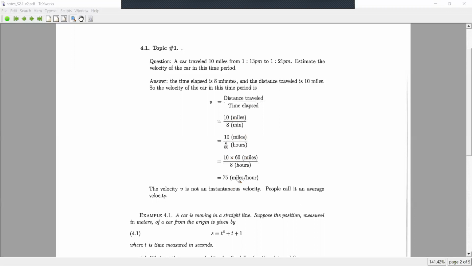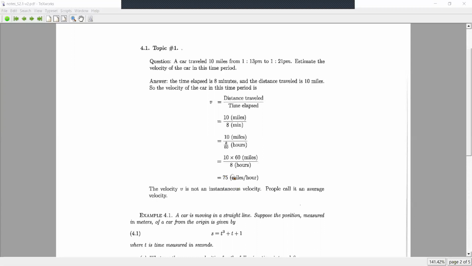Please note that 70 miles per hour is not the instantaneous velocity of the car. Then what do people call this velocity? People call this velocity an average velocity.